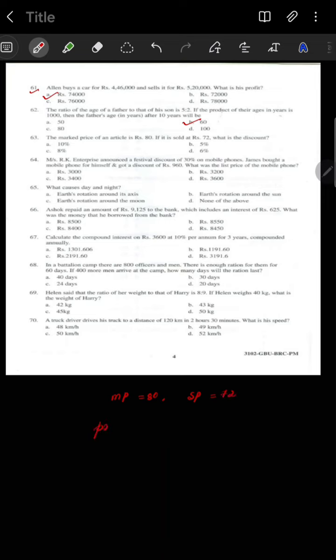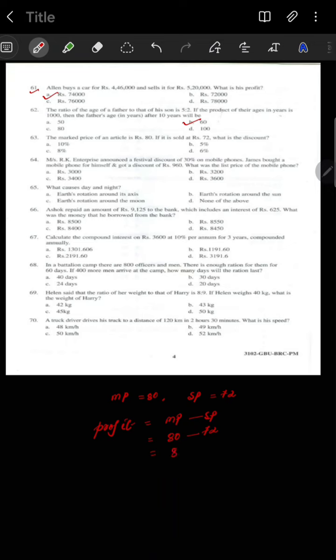Then you can find out the discount here. The formula is market price minus selling price. So market price is 80 minus selling price, which is 72. If you subtract, you will get 8.